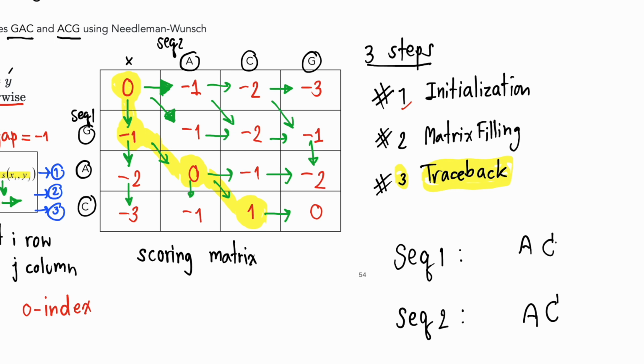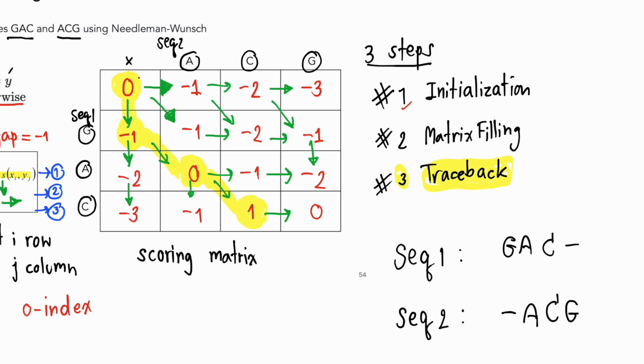Okay, and here you can see that sequence 1 has the G, so I will put G on sequence 1, and in sequence 2 they have nothing, so I will put a gap here in sequence 2. And in sequence 2 you see A, C, G, so I will put G here. Okay, so this is the most optimal alignment that we get from the sequence alignment using the Needleman-Wunsch algorithm.